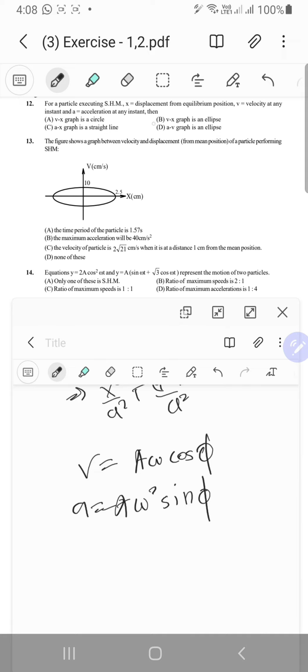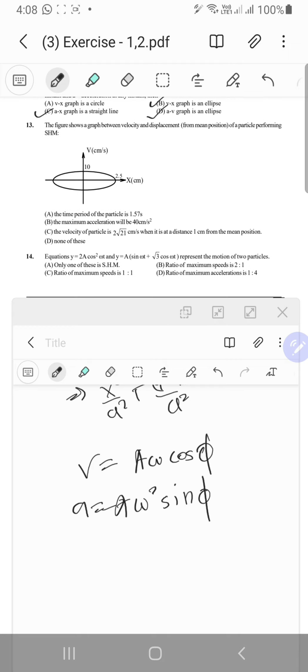So it's gonna be an ellipse. The av graph is an ellipse. That's correct. This is also correct, in fact. The vx graph is a circle. No. The ax graph is a straight line. Yes.